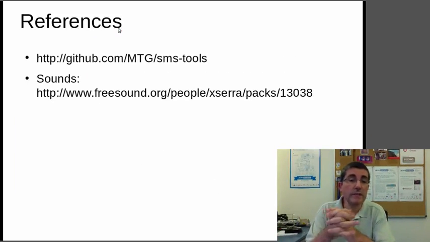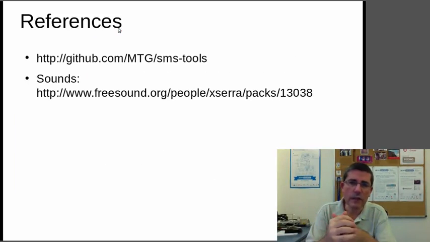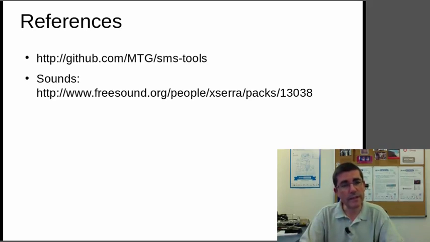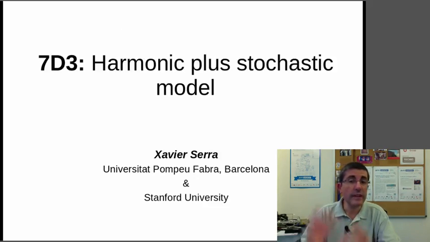So we have talked about the harmonic plus stochastic model, and we have used the SMS tools, the interface that has allowed us to play around with this model. And of course, this flute sound is in Freesound. So hopefully that has given you a view of the potential of the harmonic plus stochastic model.